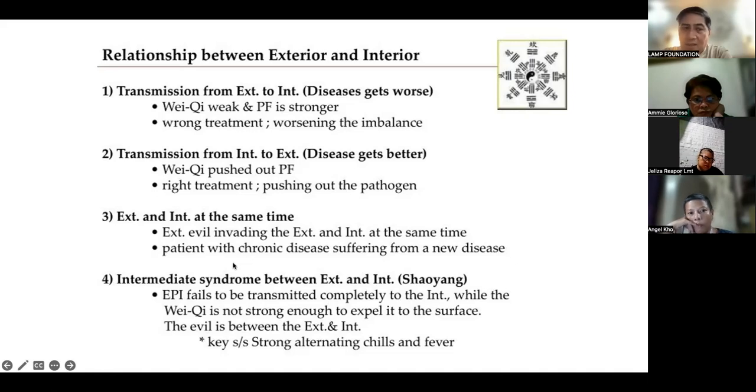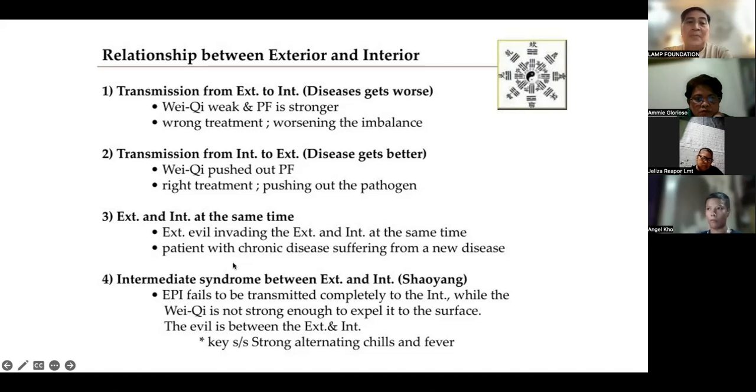I-tonify mo yung lung qi kasi yung lung qi yan nagko-control ng wei qi. Okay. Kayo yung nagiging paos yung boses. Dapat hindi nangyari yun. Okay? Wrong treatment. Nag-worsen yung imbalance. So we do not want that to happen, okay?